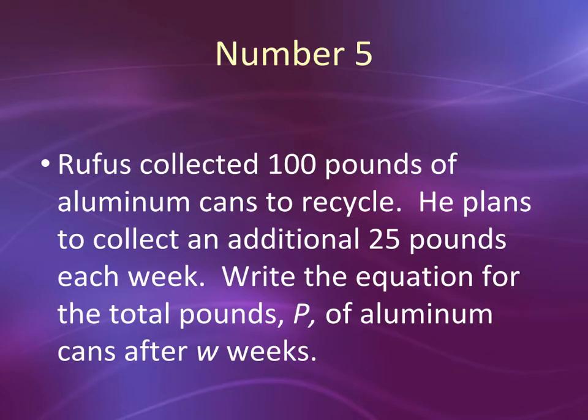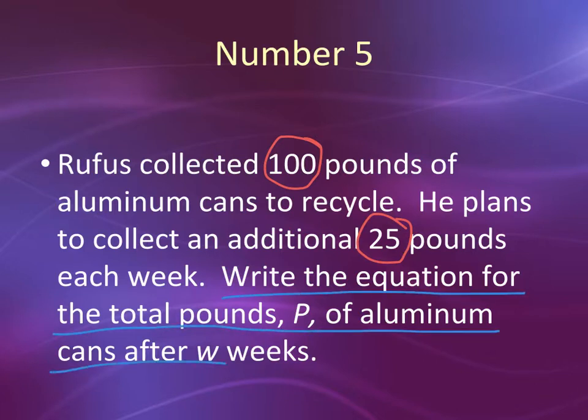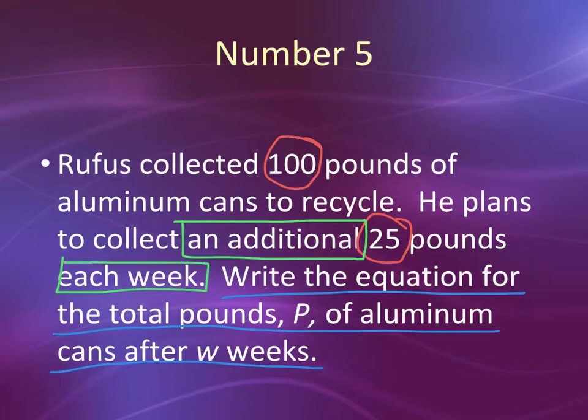Number 5, Rufus collected 100 pounds of aluminum cans to recycle. He plans to collect an additional 25 pounds each week. Write the equation for the total pounds of aluminum cans after W weeks. Our keywords are an additional and each week.